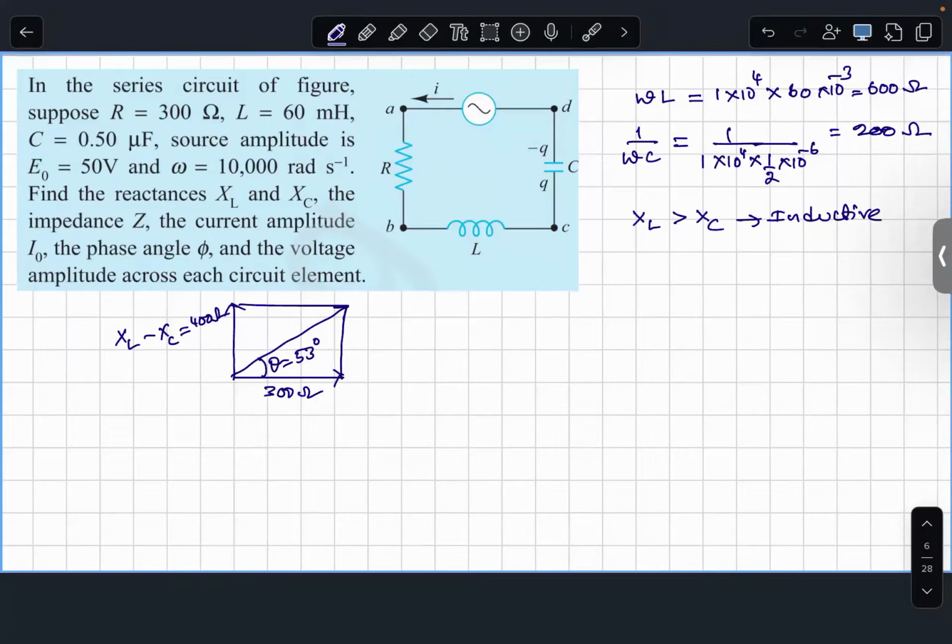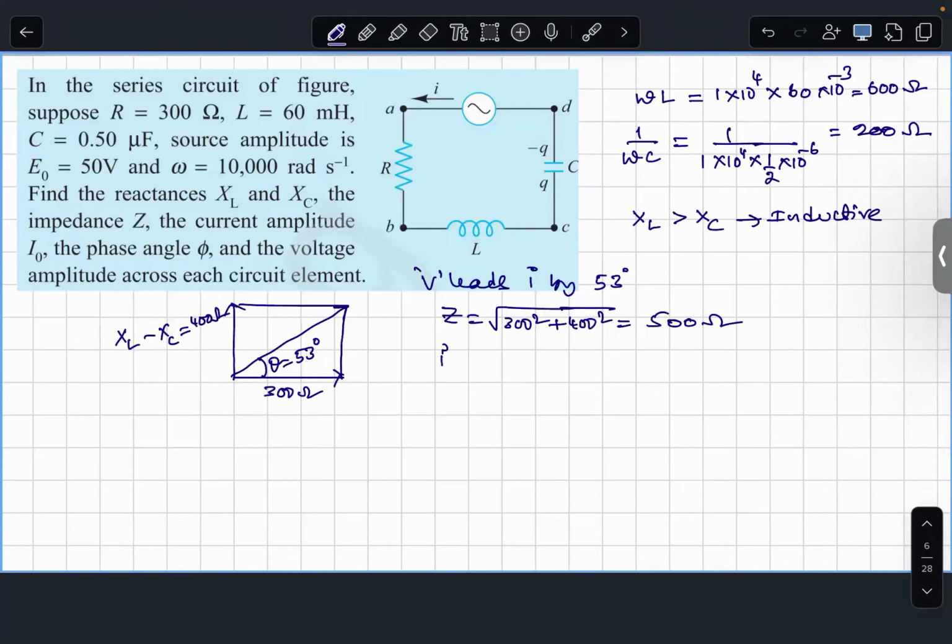Voltage leads current first. V leads I by 53 degrees. XL determined, XC determined, Z determined. Z is equal to root 300 square plus 400 square, 500 ohm.